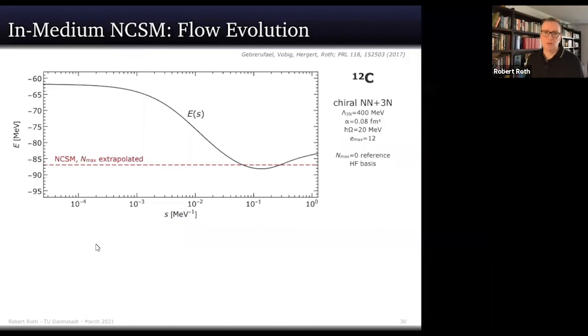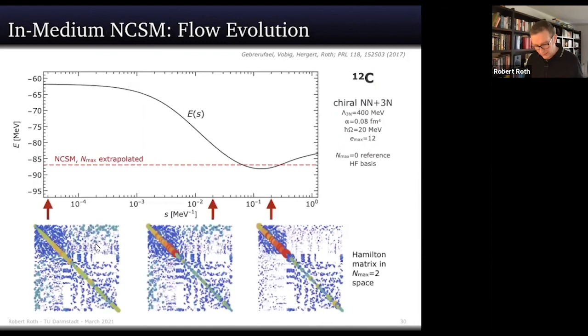You can write down a full multi-reference, multi-determinantal formulation of in-medium SRG and use it to decouple subspaces, not individual states. And this is what happens here for carbon-12. It's the same type of figure as before. And again, I show the zero-body part of the Hamiltonian, but this doesn't have the same meaning anymore because now I have this little space which I decouple. And if I look at the matrices, I see what happens.